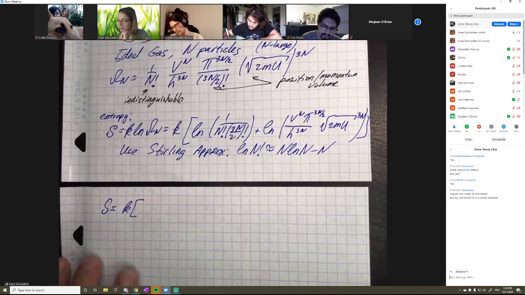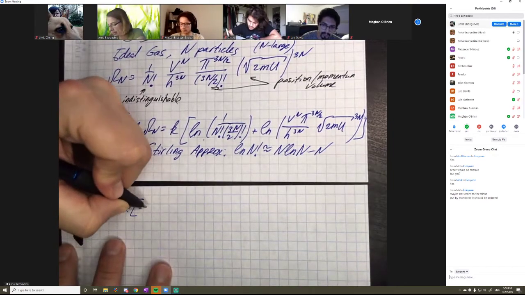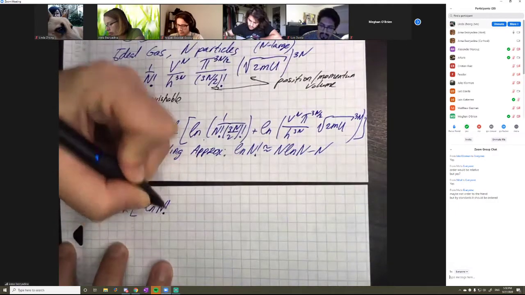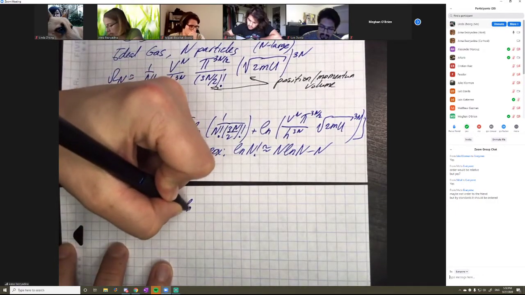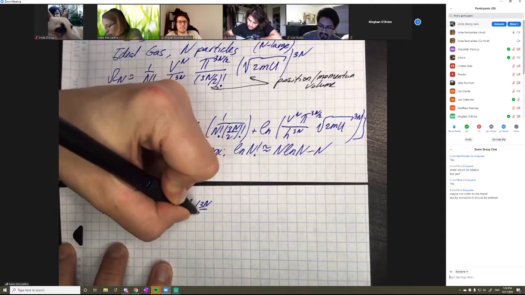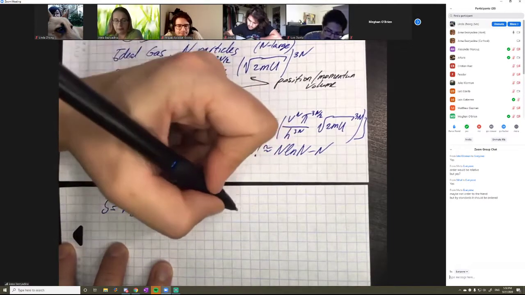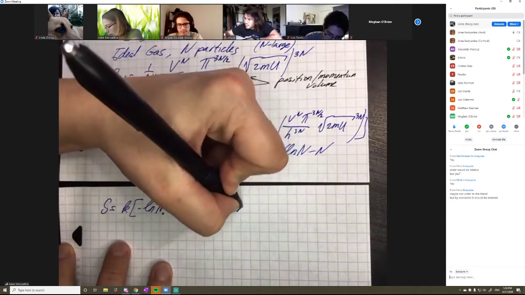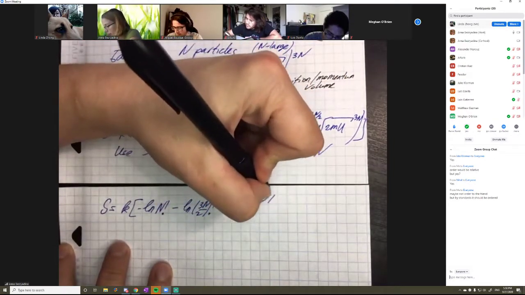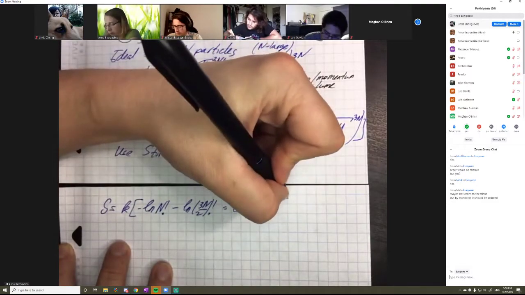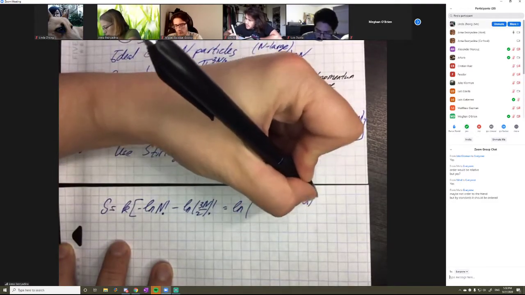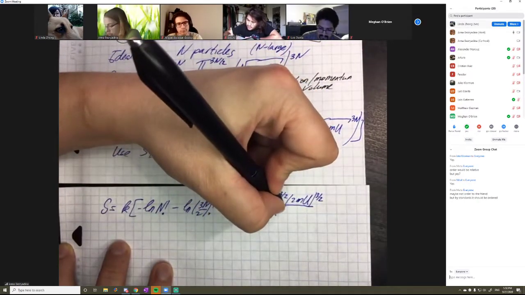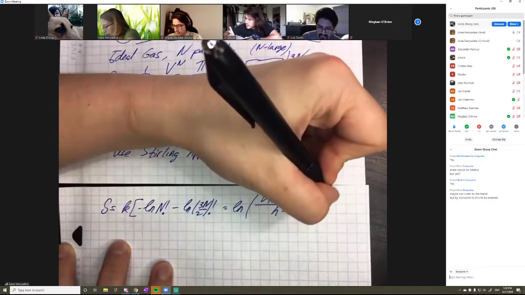So let's first make it simpler. We'll do it step by step. Let's write it like that: minus logarithm of n factorial minus logarithm of 3n over 2 factorial. I'll just simplify it. And we can write it down as logarithm of V pi to the 3 halves, 2mU to the power of 3 halves, over h cubed, and everything to the power of n.